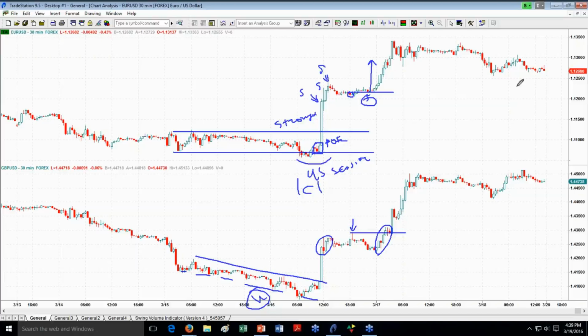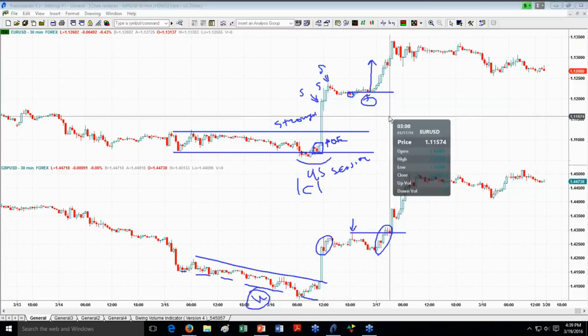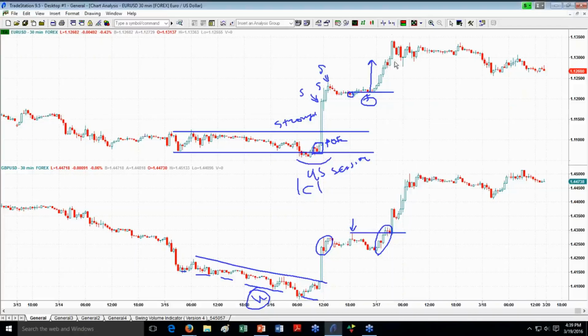Again here, okay, so here is the low, here's the reactional low, and here is a move to the upside. So this corresponds to this. And then after that, something changes, right?